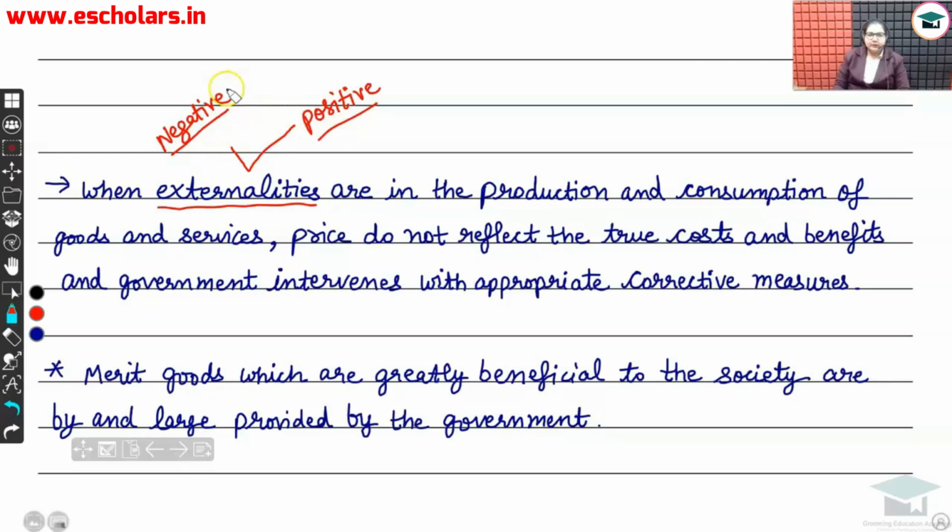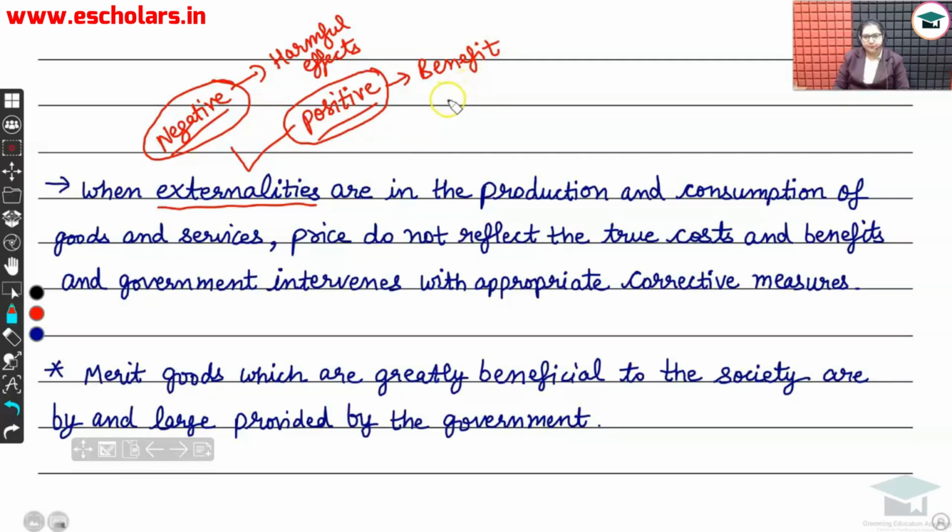The negative externalities create harmful effects for other people, and the positive externalities create benefits for other people, right? But students, here we need to note that the harmful effects and the benefits which are created in the form of externalities are not considered in the prices.